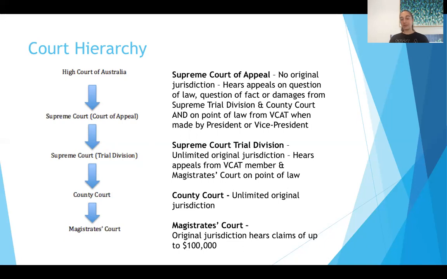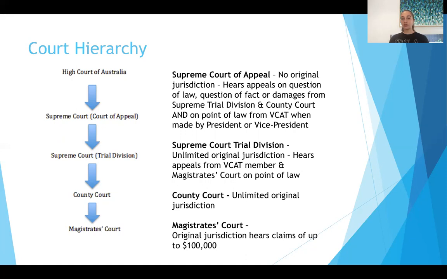So it usually happens that parties seeking above $100,000 but a lesser amount will be heard in the County Court, whereas cases seeking millions of dollars and having very complex legal issues will be heard in the Supreme Court Trial Division.